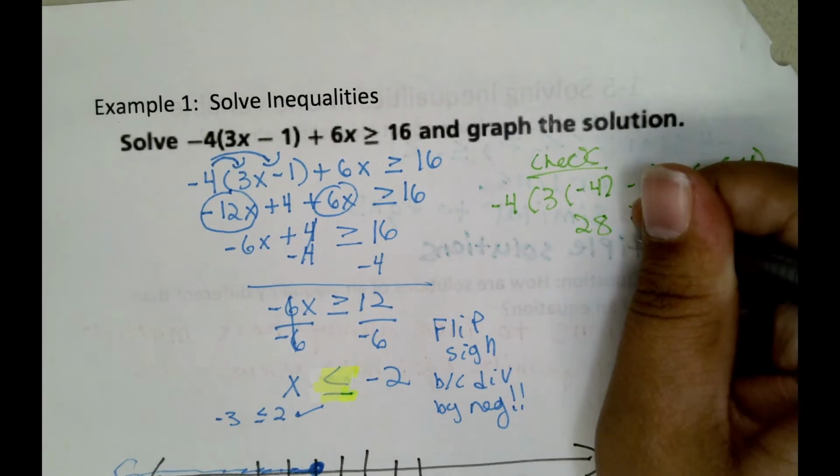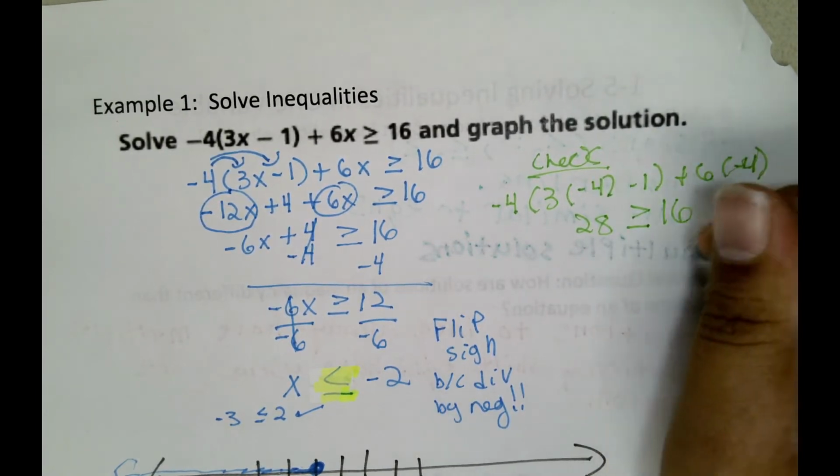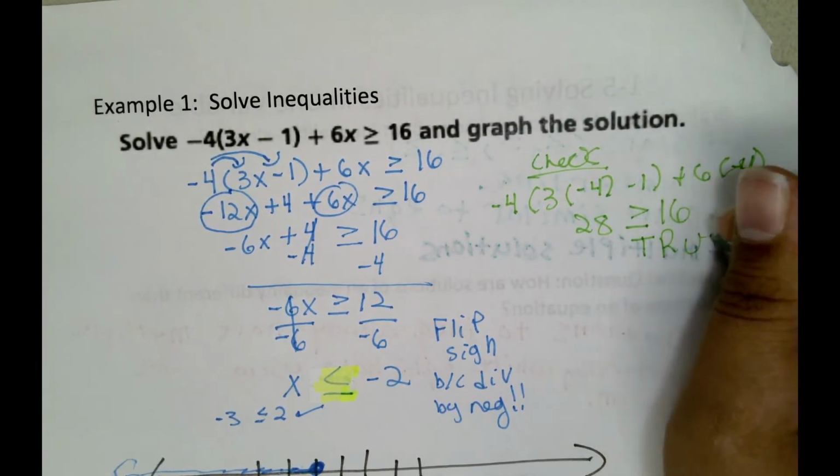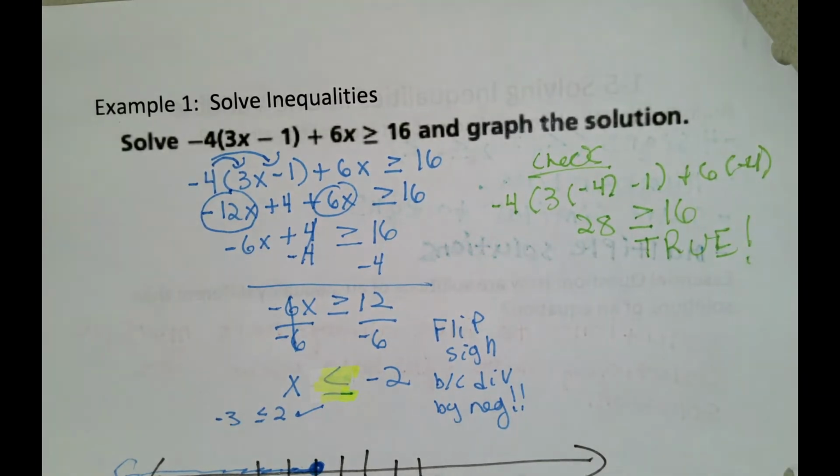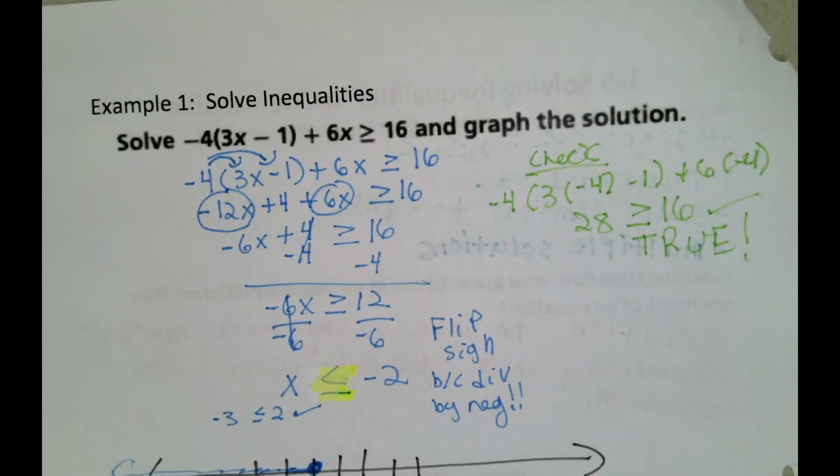Alrighty. So what we're going to get is negative 13 greater, flip your sign, x. So we flipped our sign, so I'm going to color that little guy yellow so you know. So now all that's left to do is to create a number line.